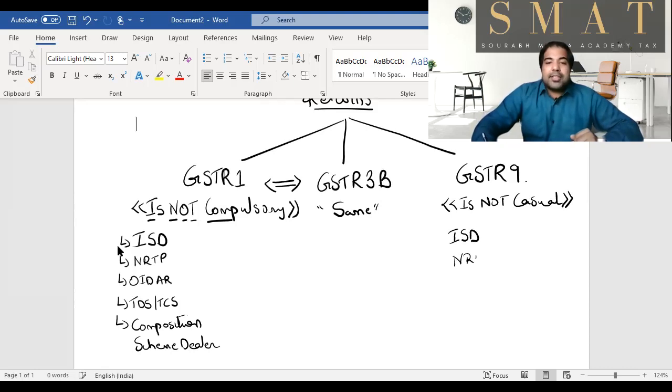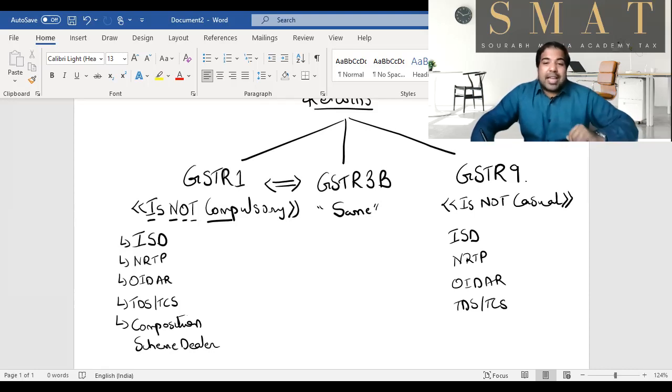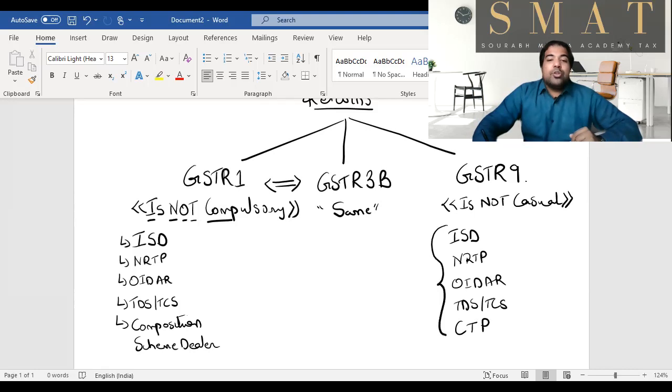N is non-resident taxable person again. O is OIDAR again. T is TDS, TCS person again. Guys, and casual. It's not compulsory here. It's casual. Casual means a casual taxable person. These people do not have to file their GSTR 9. That is the annual return. Guys, "is not compulsory" for GSTR 1 and 3B and "is not casual" for GSTR 9.